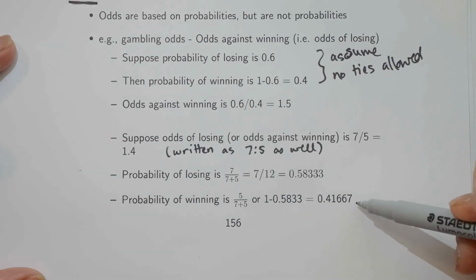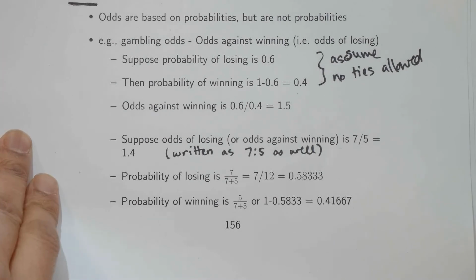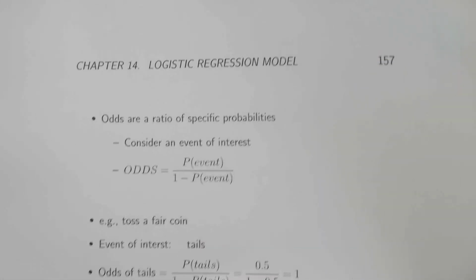Either way, you would get a probability of winning of 0.41667. So what is this telling us about odds ratios in general?